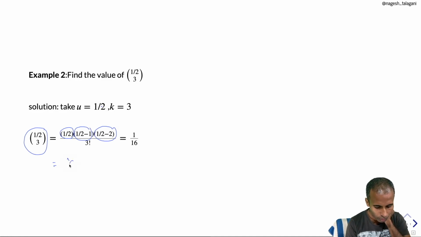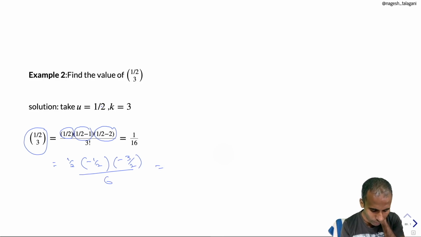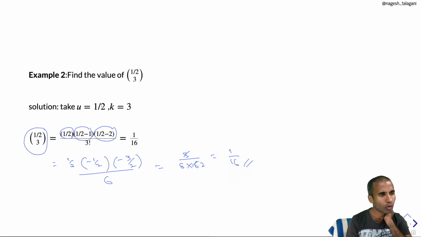That means the value into minus the value into minus 3 by 2, by 6. So minus into minus is plus, so 3 by 8 into 6, this 2 is gone, so 1 by 16. So choose 3 value is 1 by 16.